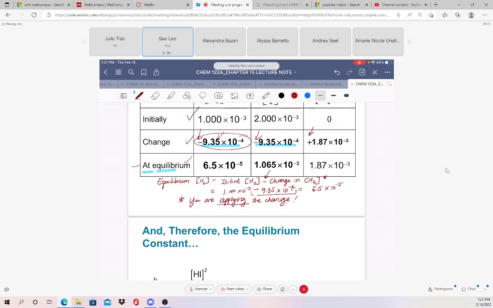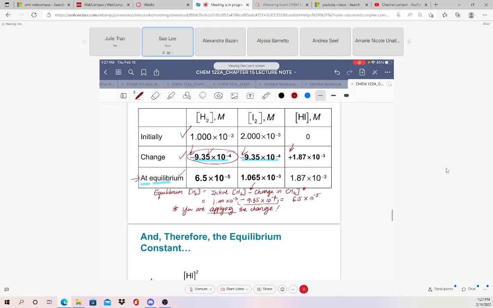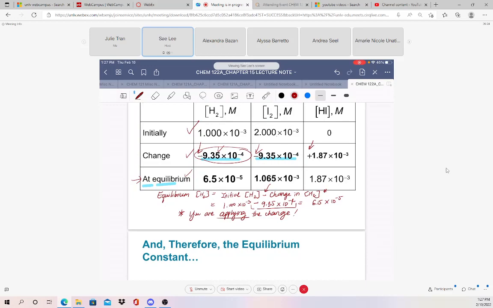So here what we can tell is that at equilibrium, compared to the initial concentration, the concentrations of reactants decreased at equilibrium. The concentration of product increased at equilibrium.